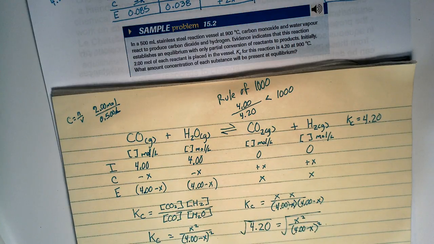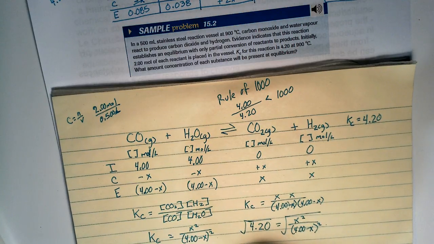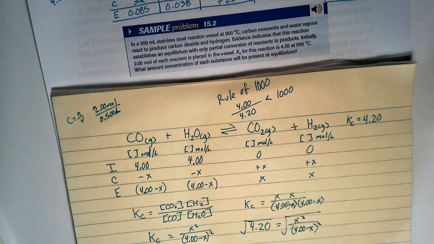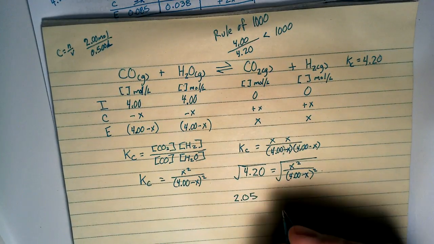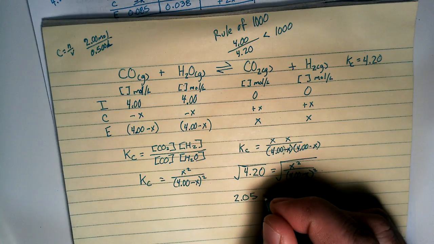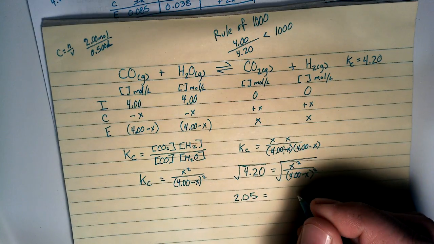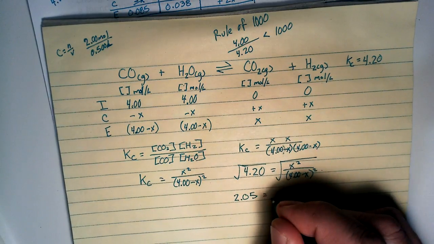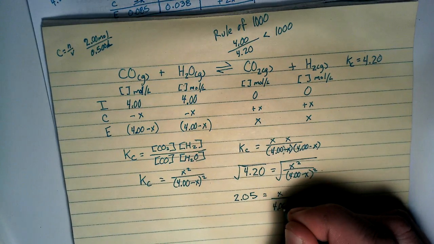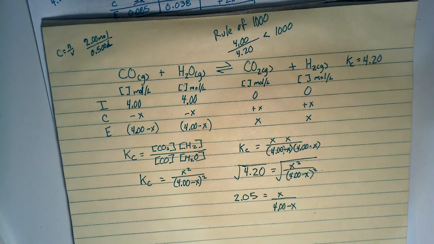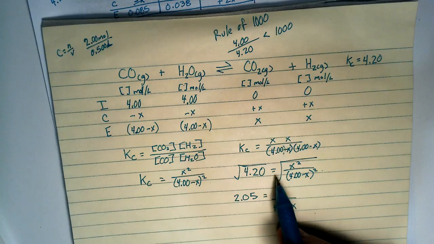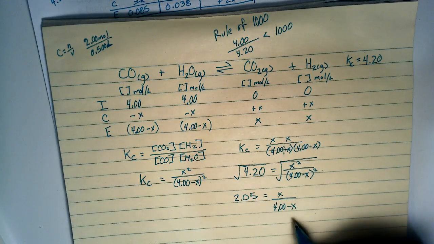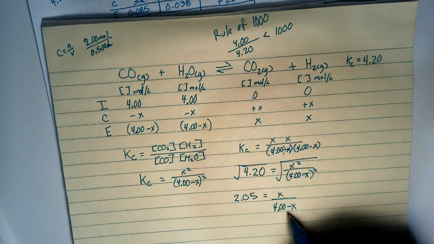So I now get 2.05 is equal to x over 4.00 minus x, which gets rid of our squared problem and makes it a lot easier to solve for x.